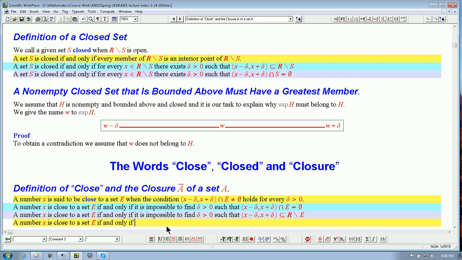Anybody have a suggestion for me? How could I rewrite that? I'm going to squeeze them for it, and then I'm going to give you a chance. Read this. It is impossible to find delta greater than 0 such that this interval is included here.